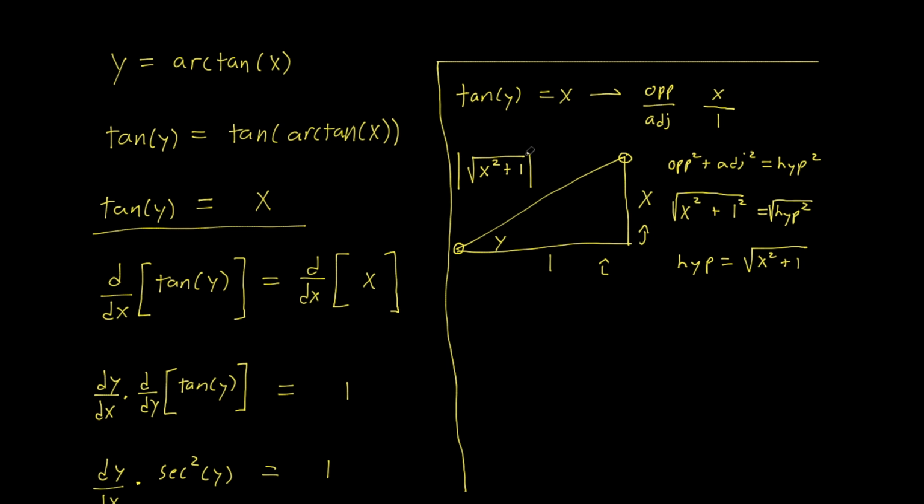So that's always going to be positive, because there's no such thing as a negative distance. There's such a thing as moving in a negative direction, but there is not a negative distance. You can walk a mile in the negative x direction, but you can't walk a negative mile. So in this particular case, it doesn't matter, because x squared plus 1 will always be positive.